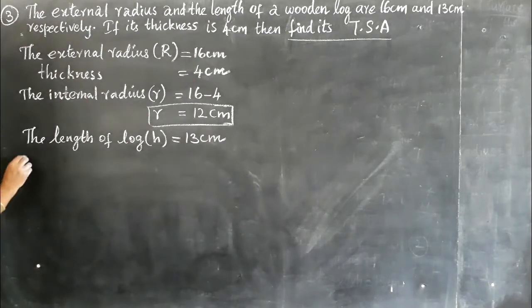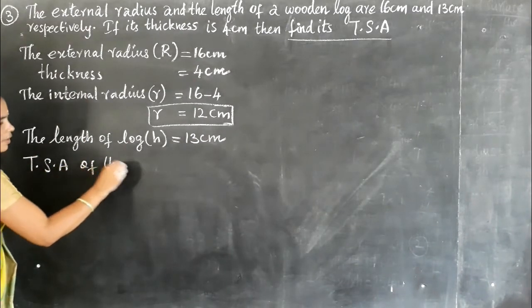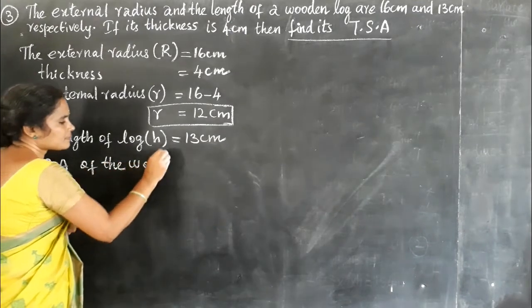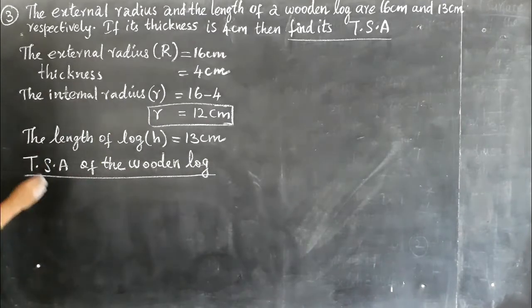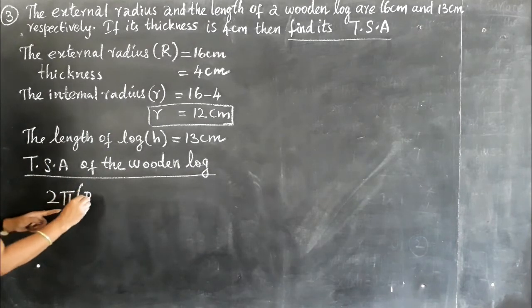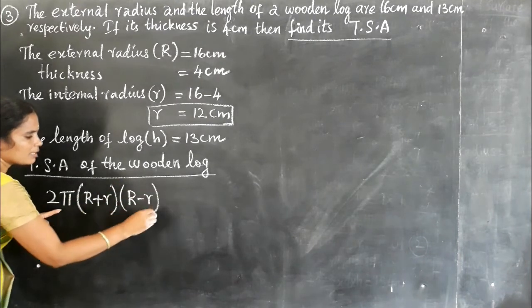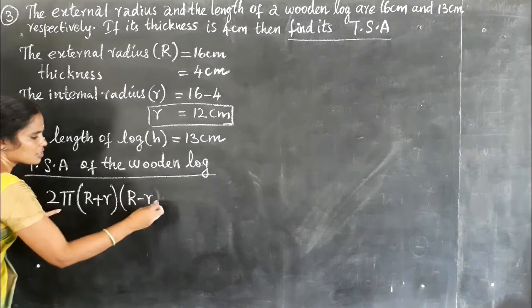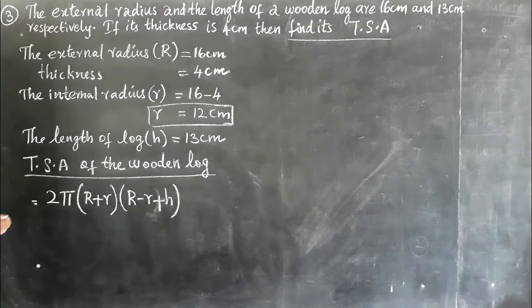To find the TSA of the wooden log, the formula is 2 pi (capital R plus small r)(capital R minus small r plus h). Okay, now substitute the values of capital R, small r and h.